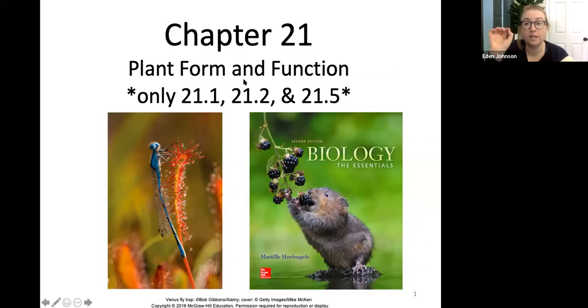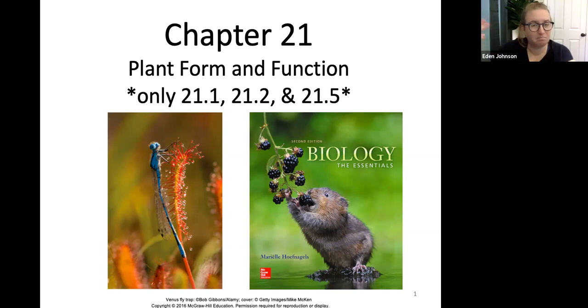Plant form and function, it can get super complicated. So you know that I'm a botanist and I love plants. However, how much of the really nitty gritty stuff is gonna help you in life?